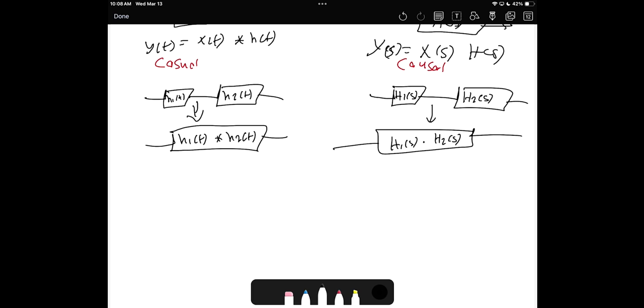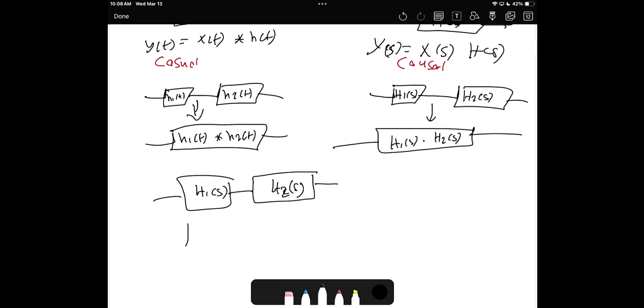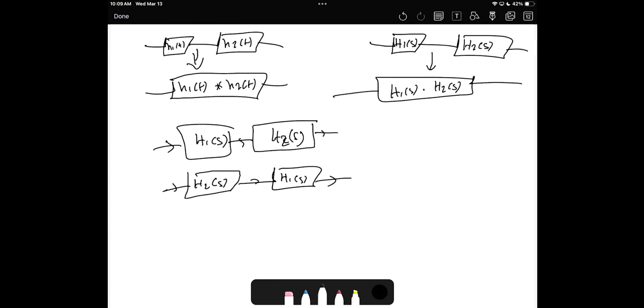Now some other properties, or whenever I say H1 of S, and here H2 of S, this is equivalent to be when I say H2 of S and H1 of S. So whatever we do first, it doesn't matter. And the same thing when we do their products.